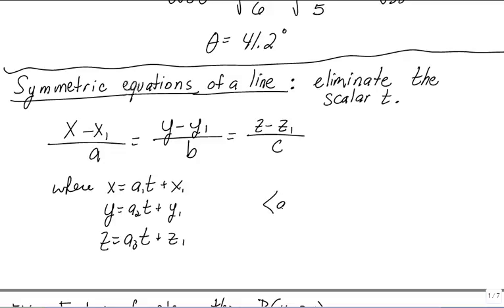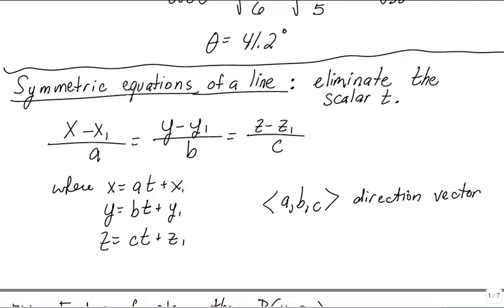Actually, we can use A1, A2, but I didn't use that up there, so I need to do A, B, C. And we call ABC the direction vector of the line. So it kind of gives a direction of the line.